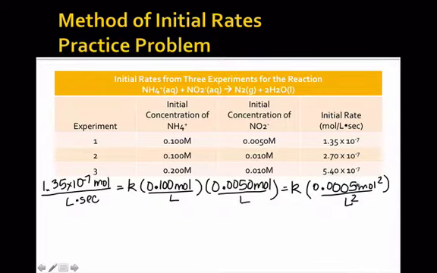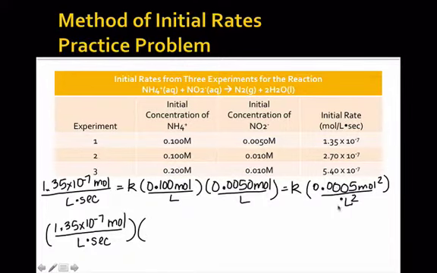In order to get K by itself, I have to bring this side over. I have to divide by that. So I'm going to have my 1.35 times 10 to the negative 7th moles per liter second, and I'm going to multiply it by the inverse of this. I'm going to flip it over.